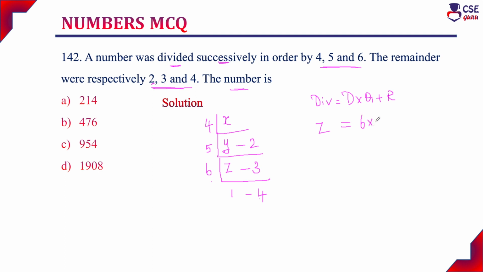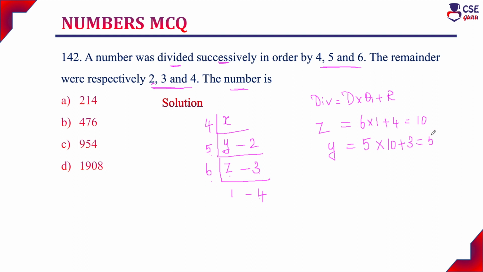So 6 into 1 plus 4 is 10. Next, to find the y value, 5 into z plus 3. 5 is the divisor, z is the quotient, 3 is the remainder. So 5 into 10 plus 3.